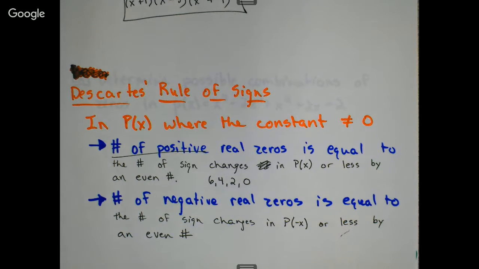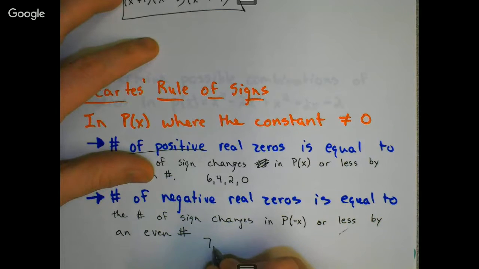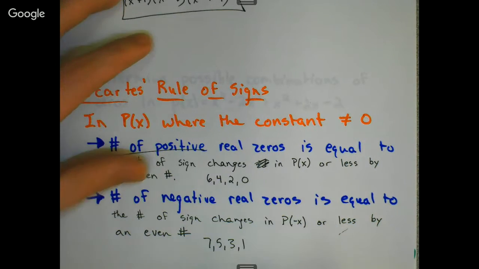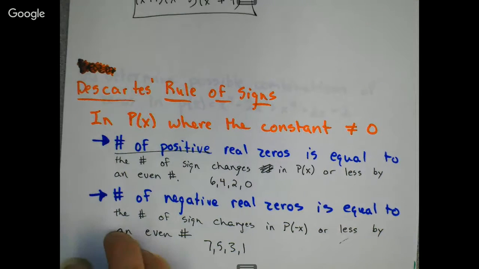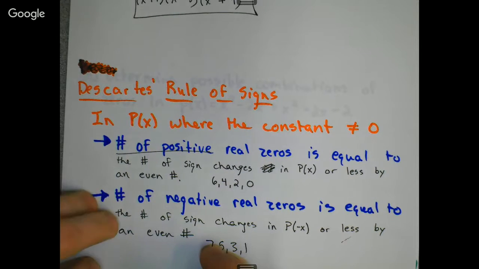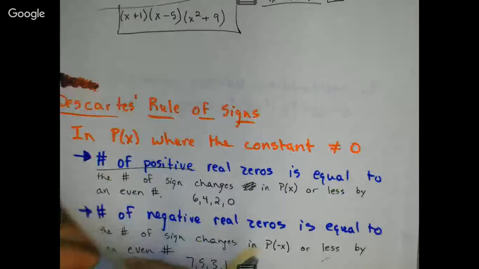Same thing. If I get, let's say, 7, that's 7, 5, 3, or 1. So there's at least 1 in there. Now this can be helpful. Sometimes if you're shooting in the dark and you're not sure where to start, sign changes is one place we can look at.